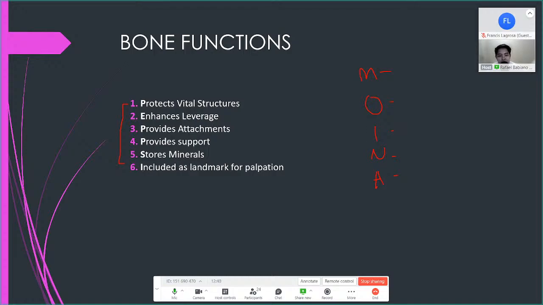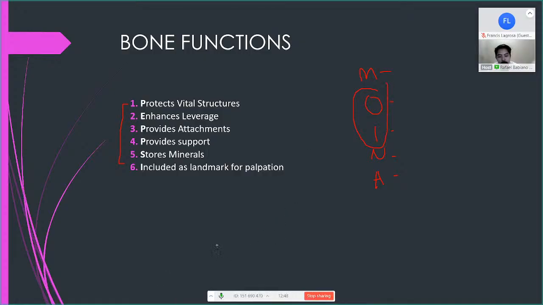So our bones are the ones that contribute to these two, origin and insertion. For example, if you have a bone here, let's say this is a bone, imagine the bone is this, and then there's a muscle. Now the muscle originates in the bone and inserts in the bone, depending on the name of the bone and what part of the bone.